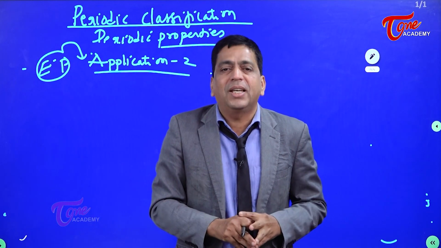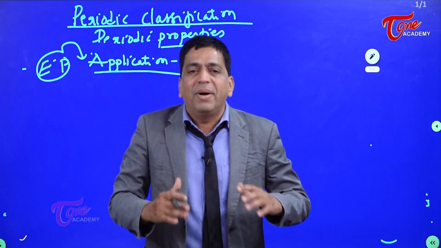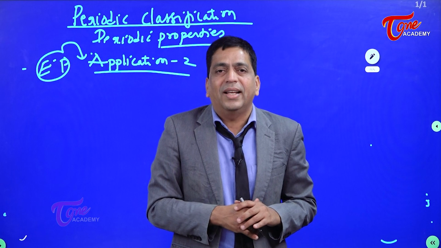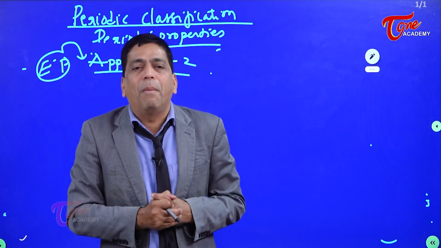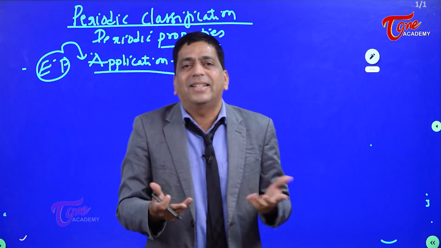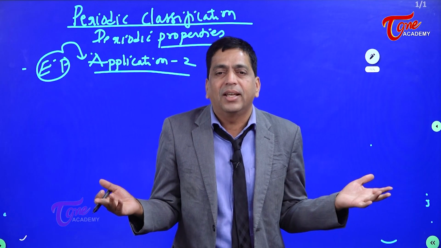So simply speaking, in the simplest of languages, if you can vomit the electron on your neighbor, the greater the tendency of vomiting electrons on your neighbor is called electropositivity.